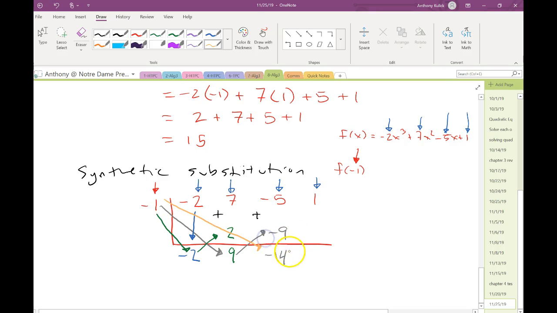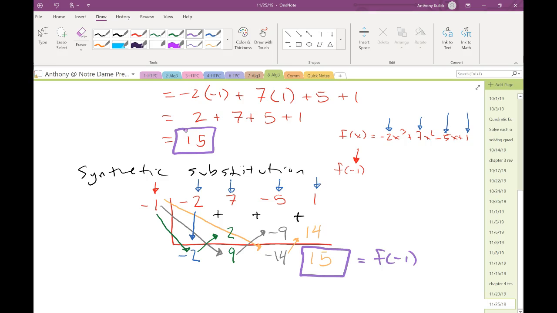We'll do negative 1 times negative 14. That gives me 14. And when I add down, I get 15. It's this last number that we care about. That's our value for f of negative 1. Note that that matched what we got above using our Algebra 1 method. Everybody see that? That we got the same answer, doing the problem in 2 different ways?